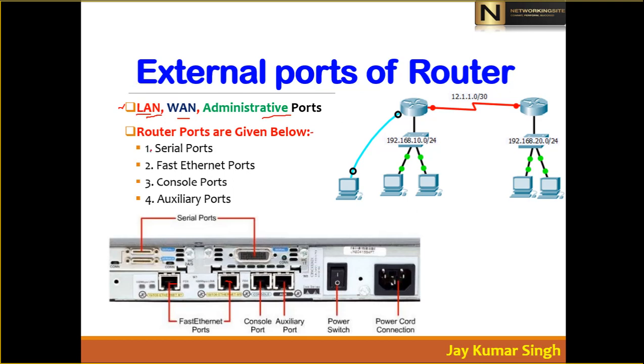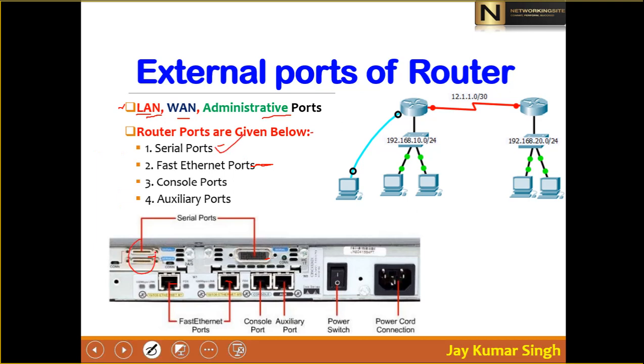This fast Ethernet port, gigabit Ethernet port. Now, when we see some kind of serial ports in a router, you'll find some serial ports. Those serial ports are known as WAN ports. Here these serial ports are known as WAN ports.